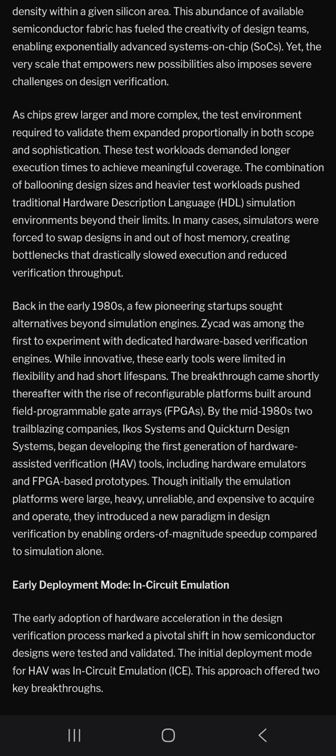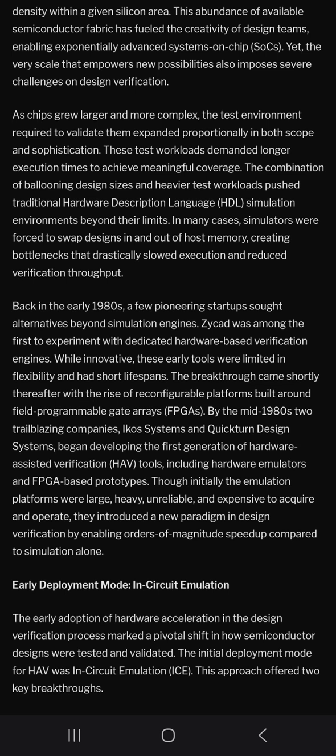The breakthrough came shortly thereafter with the rise of a configurable platform built around field-programmable gate arrays, FPGAs. By the mid-1980s, two trailblazing companies, IKOS Systems and Quickturn Design Systems, began developing the first generation of hardware-assisted verification (HAV) tools, including hardware emulators and FPGA-based prototypes.